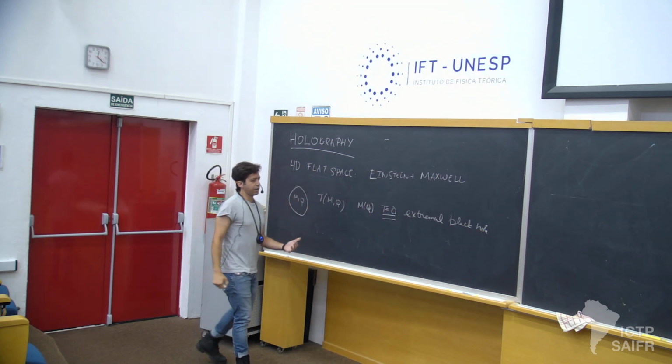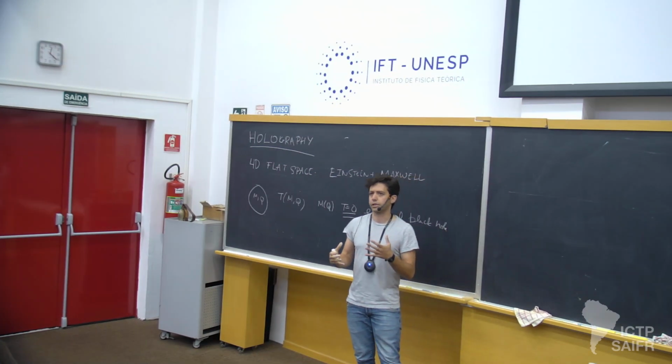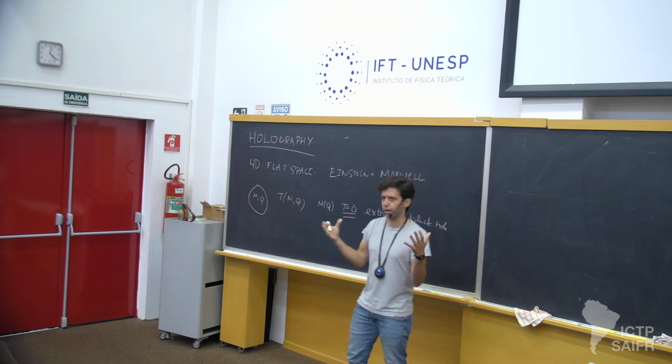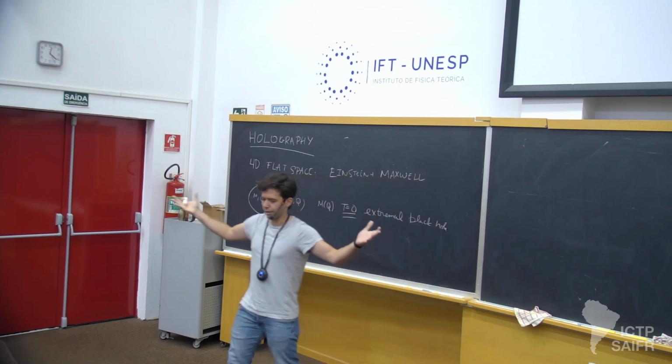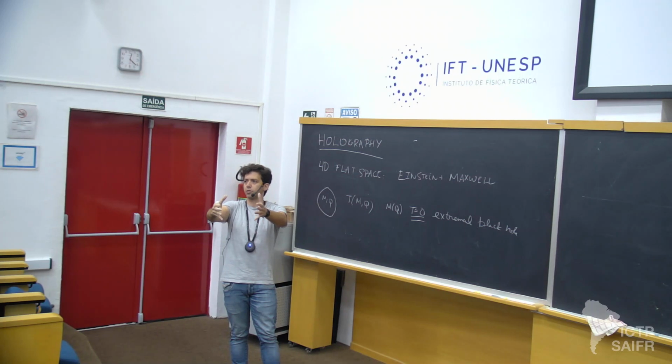And as you also know, these extremal black holes develop a piece of their geometry that looks like AdS2 in the near horizon region.